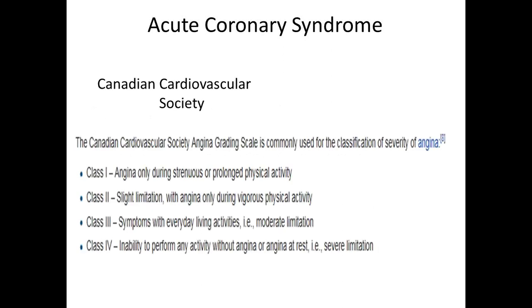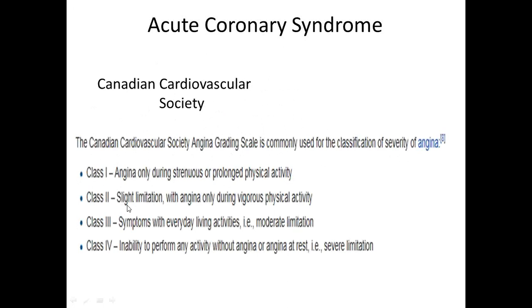All right, then this is the Canadian Cardiovascular Society scoring system. Again, the Canadian Cardiovascular Society angina grading scale is commonly used for the classification of the severity of the angina. Okay, so a class 1 angina occurs only during strenuous or prolonged physical activity. So you have to do a lot of work to bring it on.